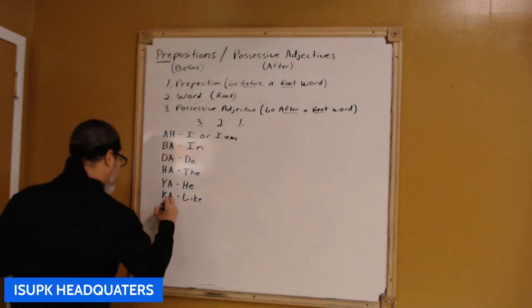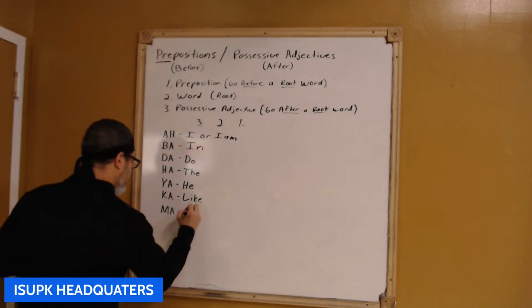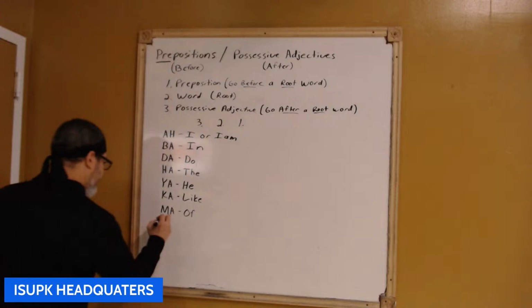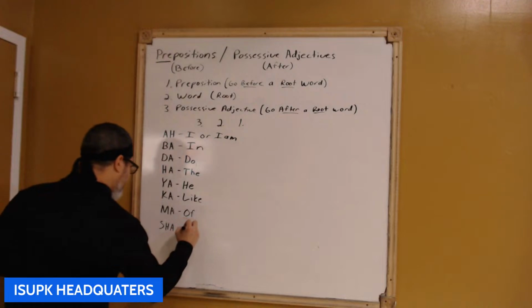If you see a ma in front of the word, it's of. If you see a sha, it's pertain.